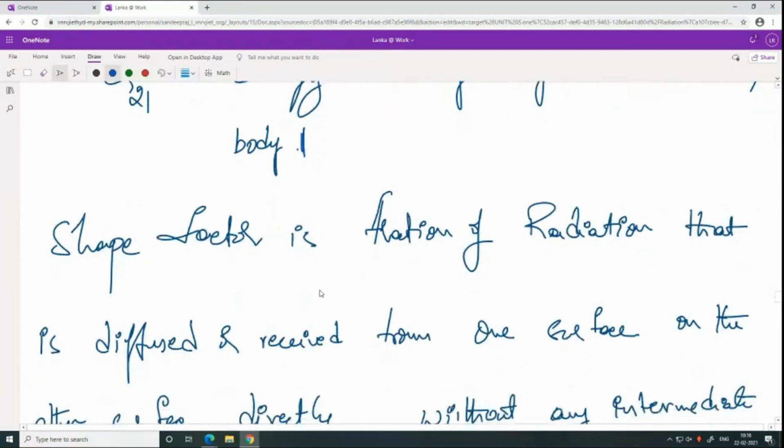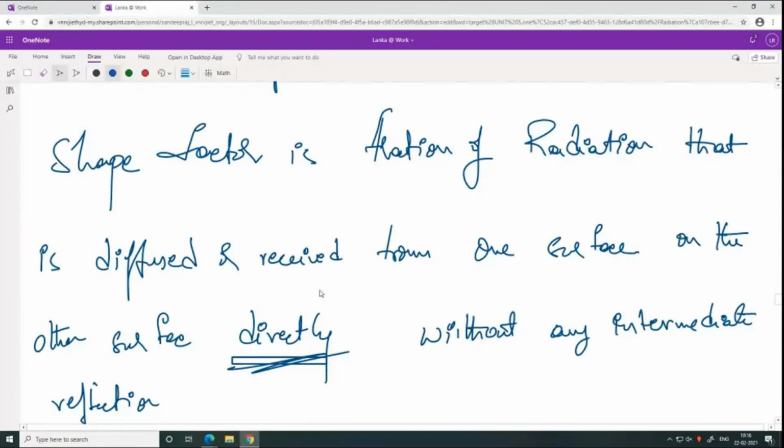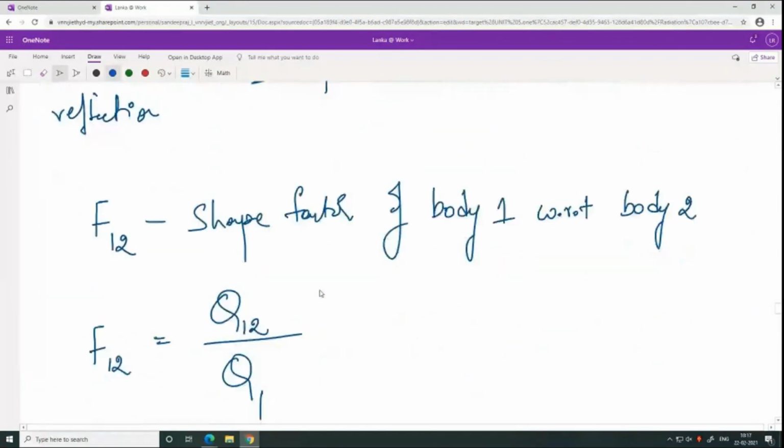Here we have taken the definition of shape factor. Shape factor is the fraction of radiation that is diffused and received from one surface on the other surface without any intermediate reflection. That is, directly it is going to hit the other side.